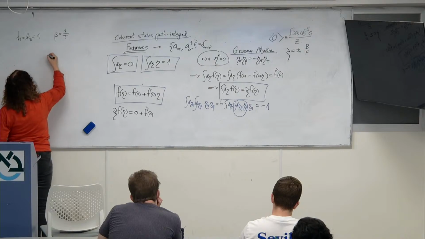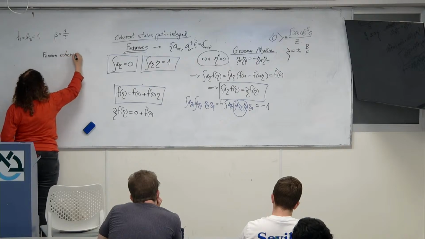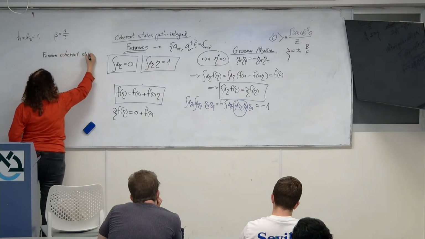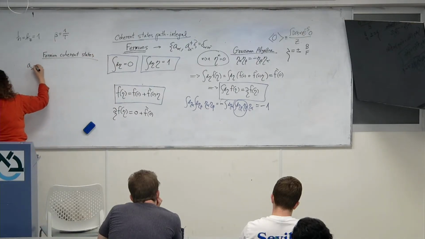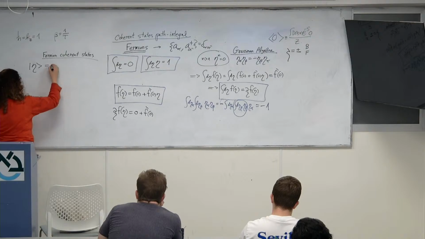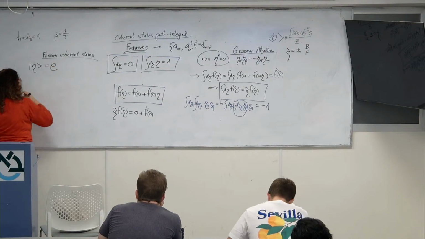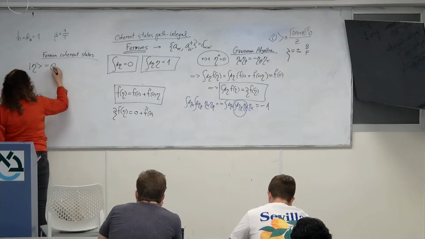So these are the fermion coherent states. Again, they have to obey... So let me just write down an expression, and a careful calculation can prove it.